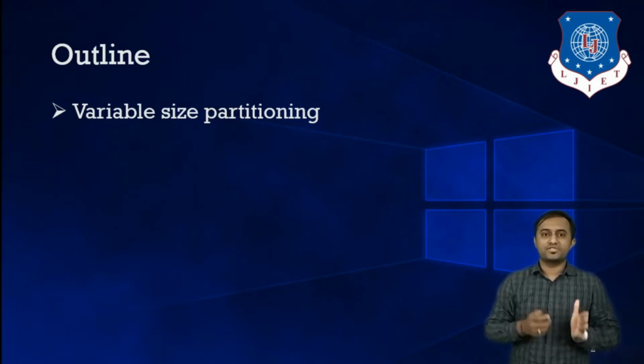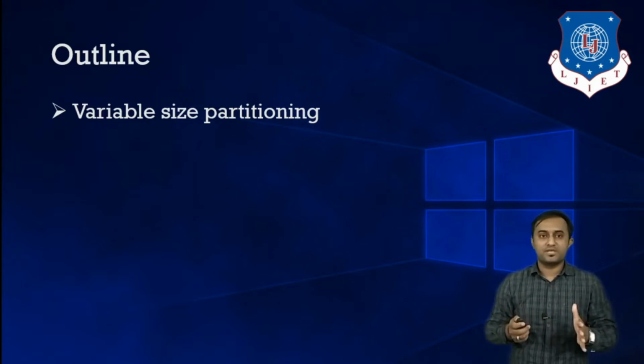So in the previous session, we have discussed the contiguous memory allocation, in which there are two types. One is fixed size partitioning policy and second one is variable size partitioning policy.